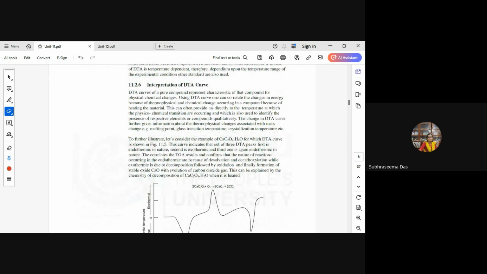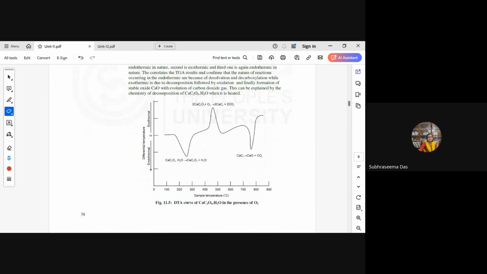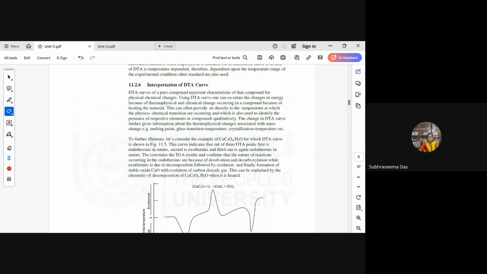Now coming to the interpretation of a DTA curve. In a DTA curve, we measure the change in temperature, that is delta T, versus the sample temperature from which it is scanned. So on the x-axis it is delta T, whereas on the y-axis it is temperature. Figure 11.5 represents the DTA curve of calcium oxalate in an oxygen atmosphere.